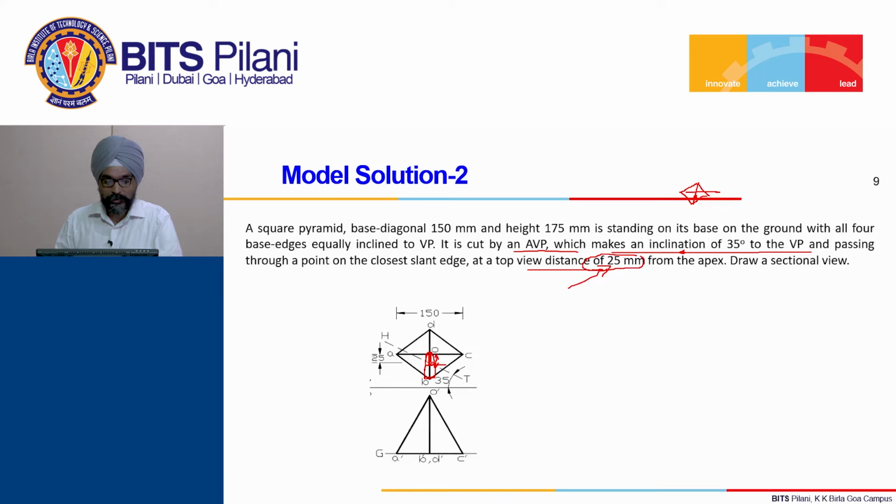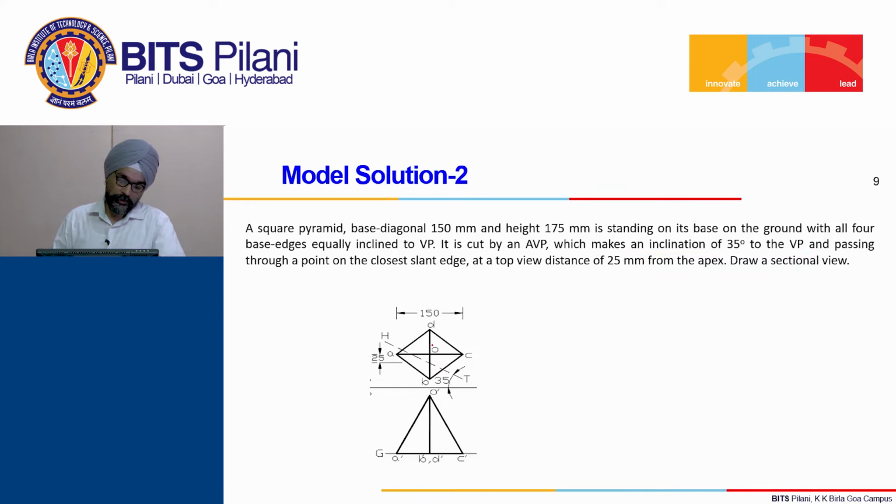From that point on the nearest slant edge, this particular plane cuts the slant edge. Draw the section view. The location of the section view is very important here, so we have to locate that first. At 25 mm from O along this edge, we pass the line at 35 degrees, and then we have to transfer the points.